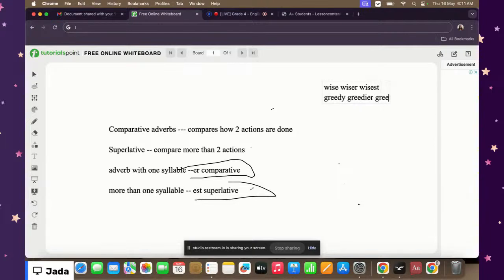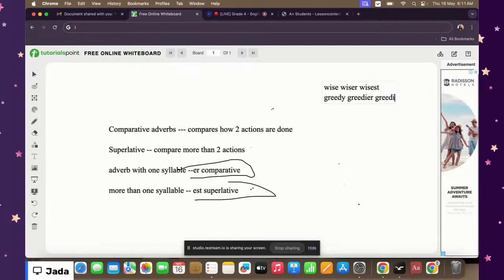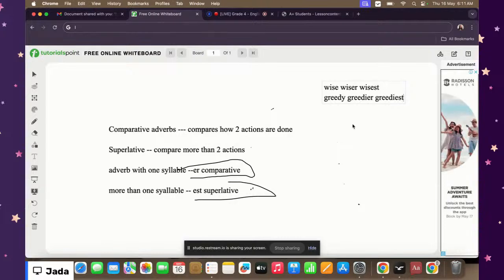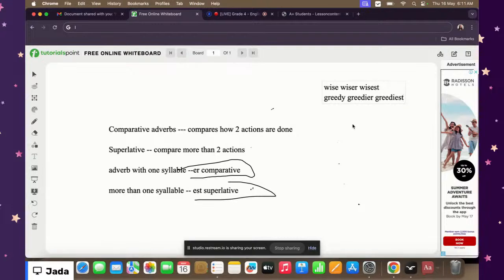So we have greedy, greedier, greediest. These are also examples of base words, comparative, and superlative. If you have any example, leave it on the chat box.